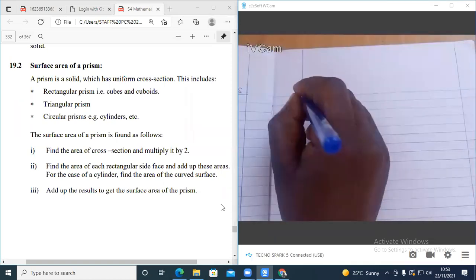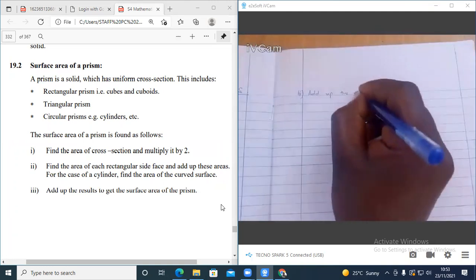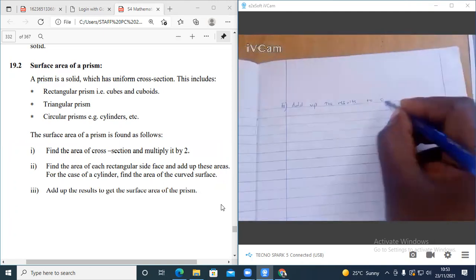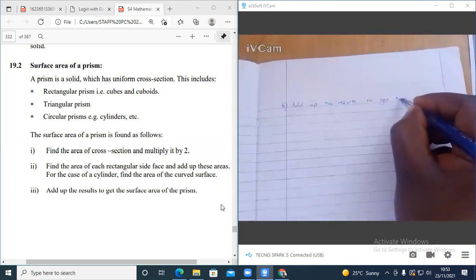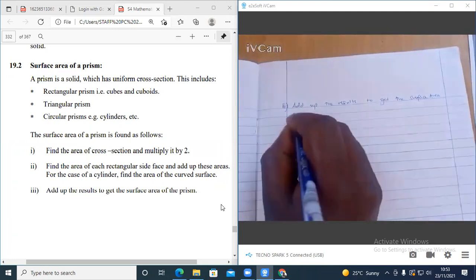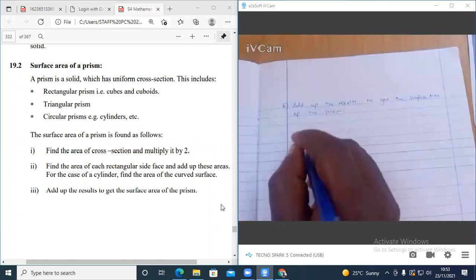So 3, add up the results to get the surface area of the prism. What do they mean there?